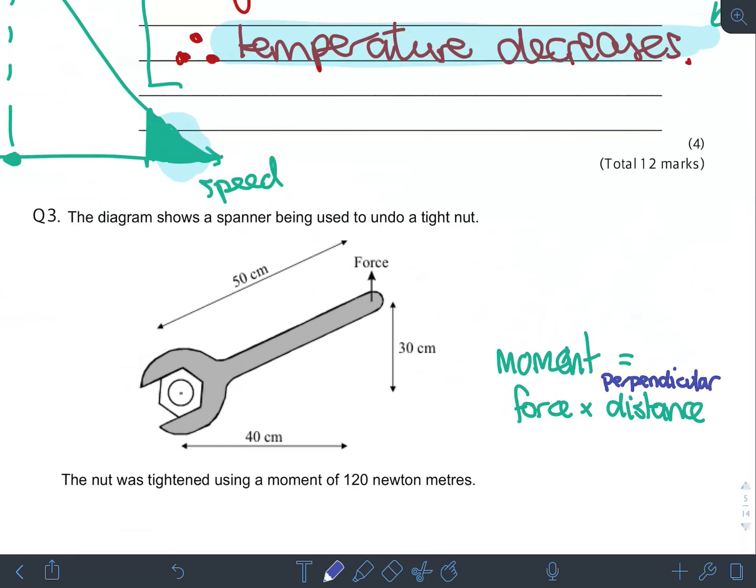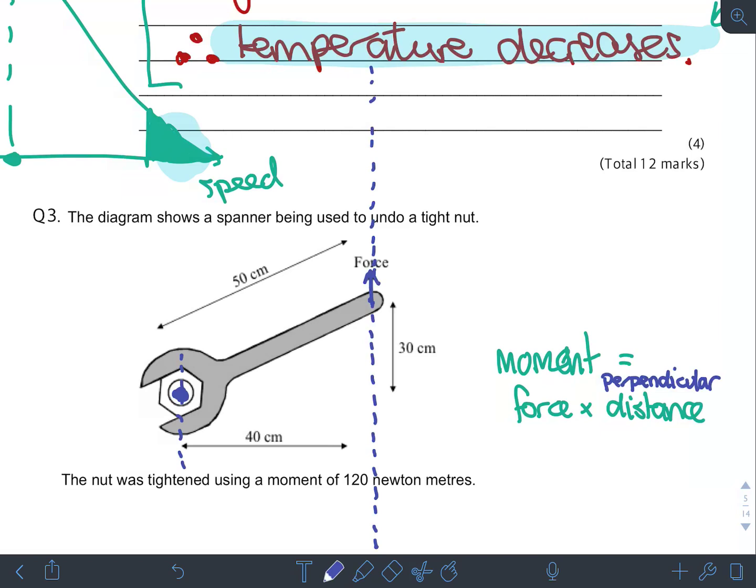So here's the pivot, and look, here's the force. And remember, we call this line the line of action of the force. It extends all the way back and all the way forwards. It's in the direction that the force is acting. And here's the force arrow. So what's the perpendicular distance?